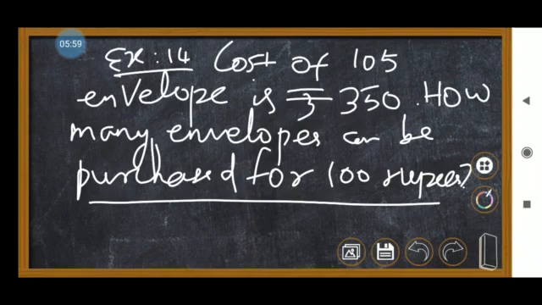First you have to know that the cost of 105 envelopes is equal to 350 rupees. So we can take this situation: when you give 350 rupees you will get 105 envelopes. So when you give 100 rupees, how many envelopes can you buy?